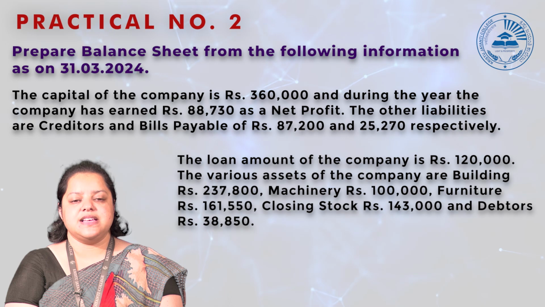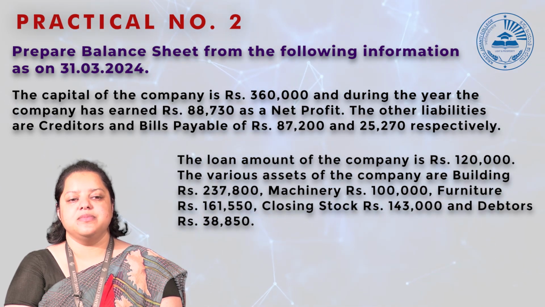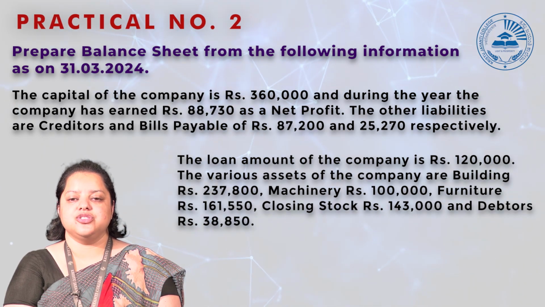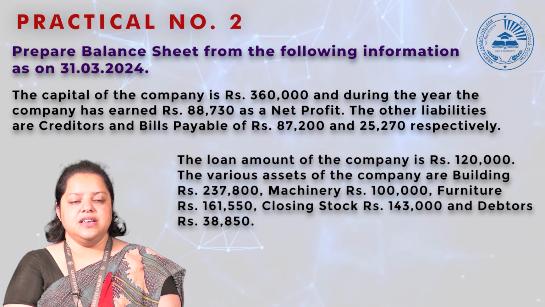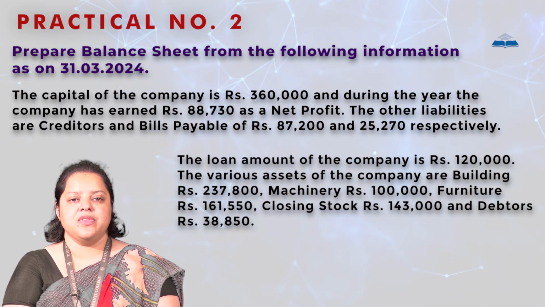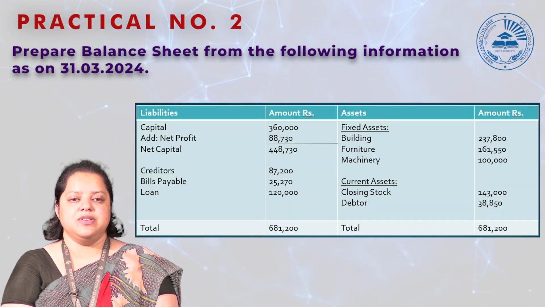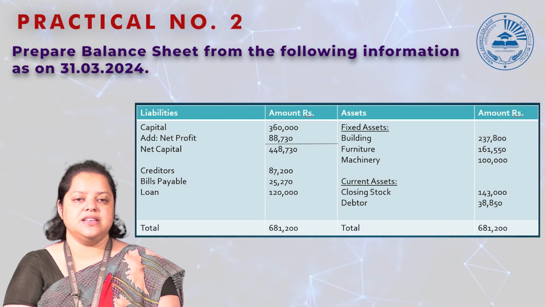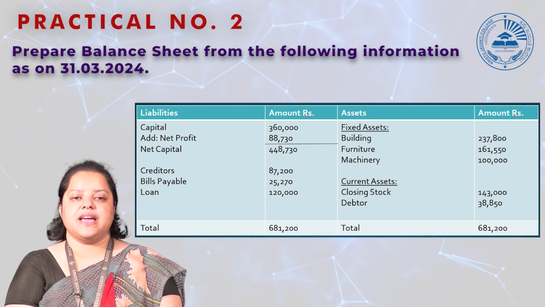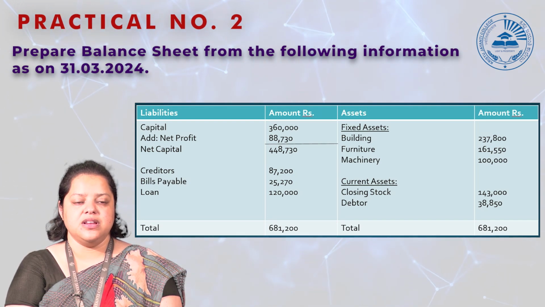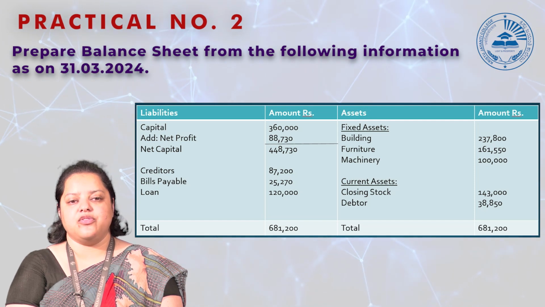And the various other assets we are having are building, machinery, furniture, closing stock and debtors. So let's see how we will solve the balance sheet. The same way, we will start with the liability side. On the liability side in this question we have the capital of 3,60,000 and we have added net profit with that.